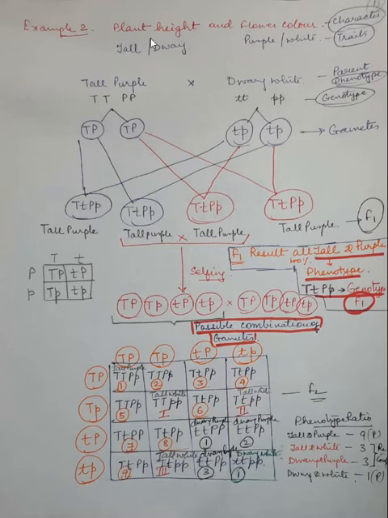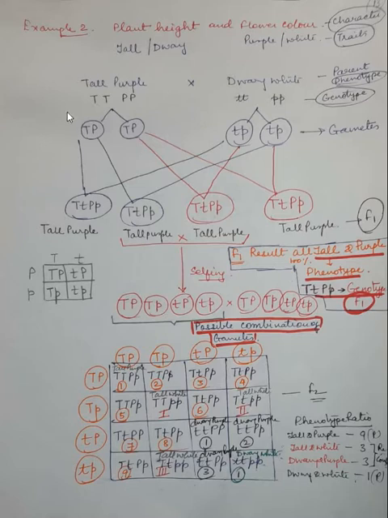Now it will have 2 traits each. Height is tall and dwarf, and flower color is purple and white. So he has considered 2 different characters simultaneously, and that is why the dihybrid result has been calculated. Now you see the parent phenotype, tall and purple, dominant will be on one side, recessive on the other side, so we can take them as male parent and female parent.